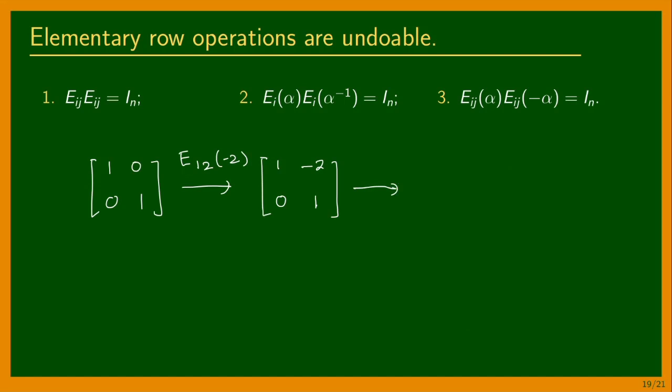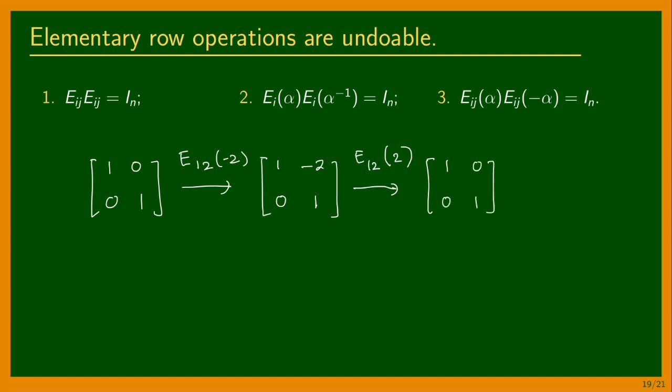Now, if I somehow perform E1,2, 2, I'll just change the sign of this one. What happens is that this gets eliminated from here. So what happens is that you go back to the identity matrix.